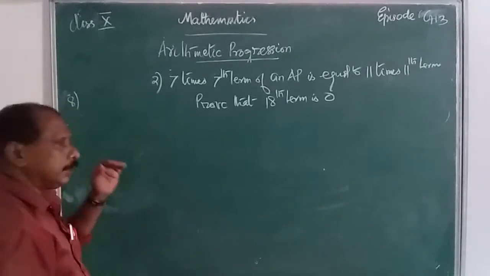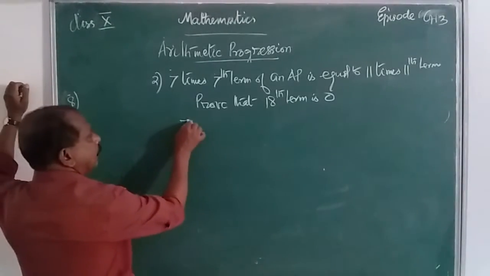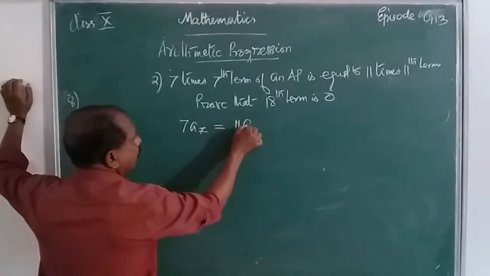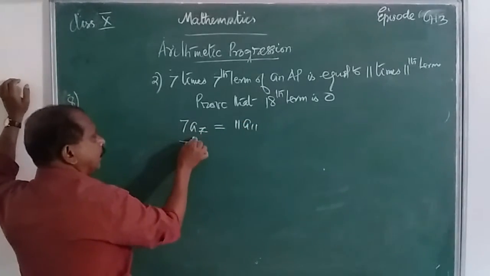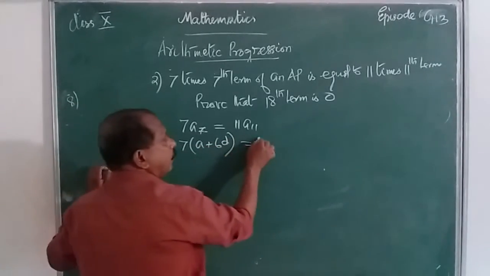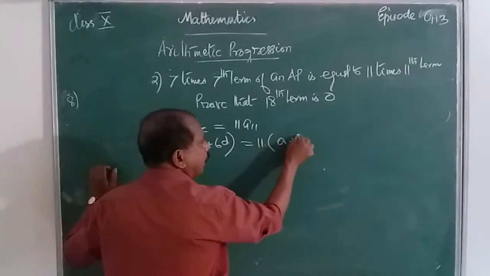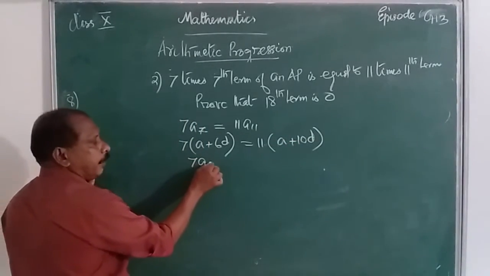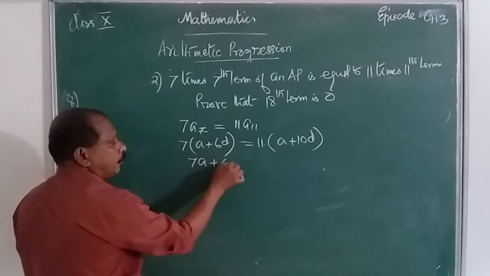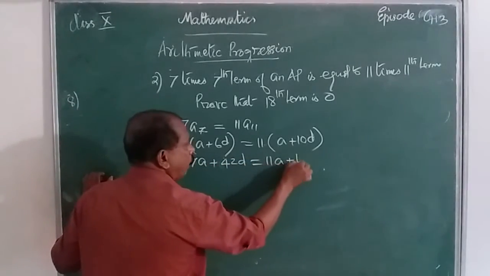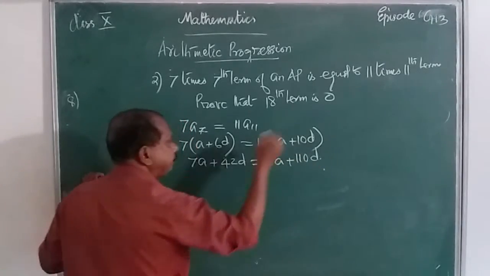What is the general question? That means 7 a7 is equal to 11 a11. That is 7 into a plus 6d is equal to 11 into a plus 10d. Open the bracket. That is 7a plus 42d is equal to 11a plus 110d.